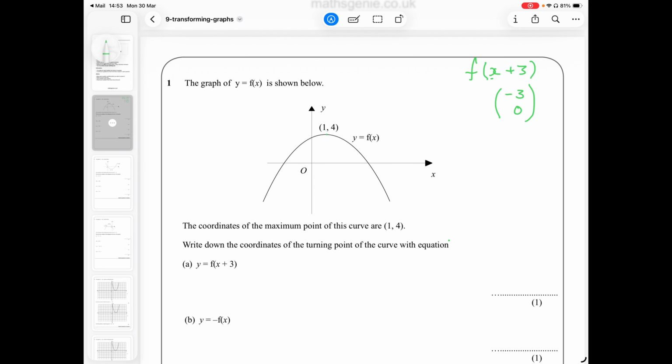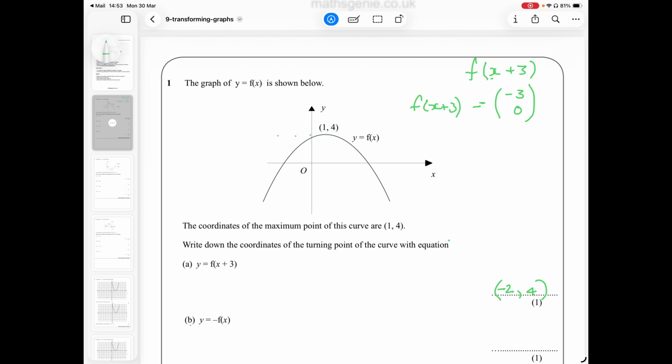So you're going to be going 3 to the left if you're going minus 3. So that is what this means. f(x + 3) equals (-3, 0). So that means we're going down, so 1 minus 3, so it's going to be (-2, 4).